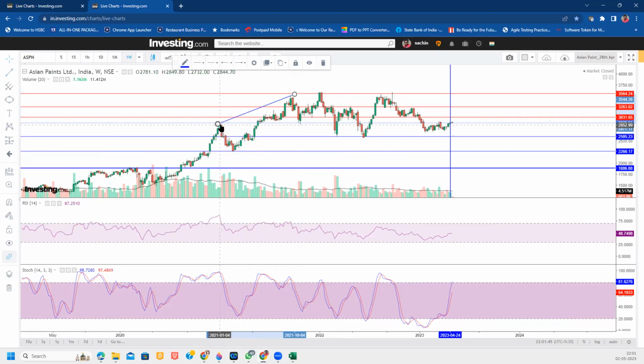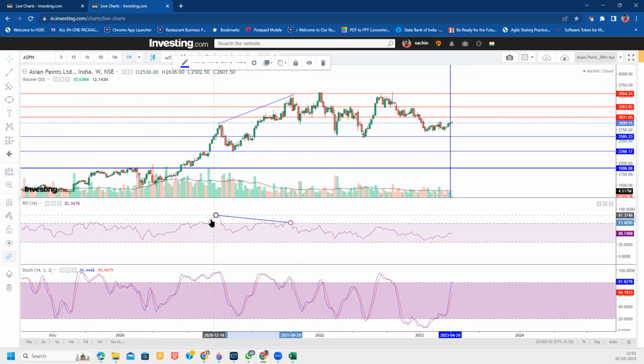Once this correction happened, the price again went up and made a new high as compared to the previous high. That means as per Dow theory, it is making a higher high. At the same time, when we look at the RSI, the RSI value will be something like this. So RSI is not supporting.